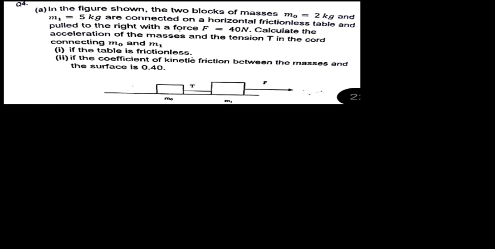So they want us to find the acceleration and the tension if the table is frictionless. Then they want us to find the same acceleration and tension if we have friction. If the coefficient of friction between these two blocks is 0.4, then we need to find the acceleration and the tension.